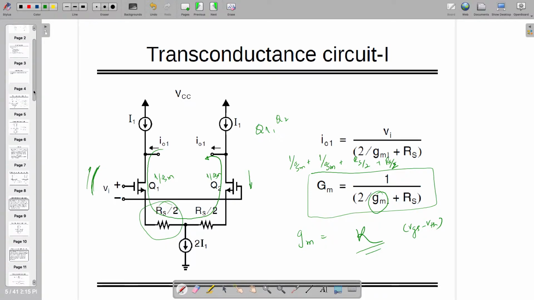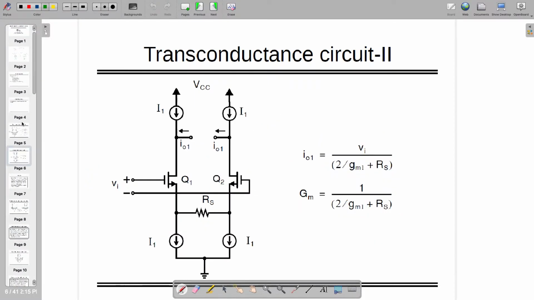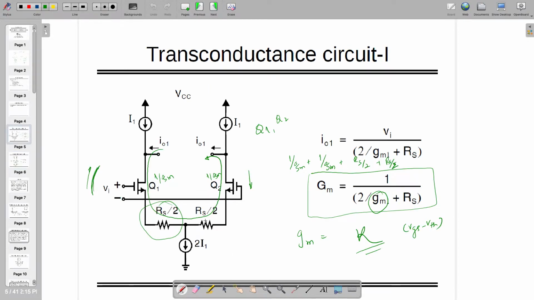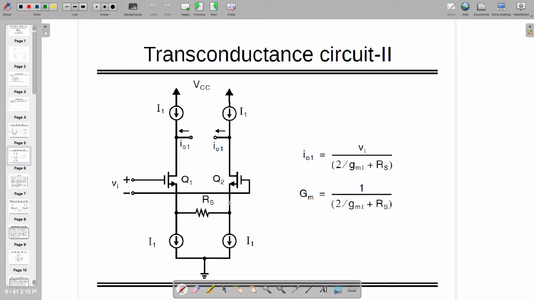So as I told you, if there are RS by 2, RS by 2, you can replace that with one RS, and on two sides there are two currents I1, I1, instead of having 2I1. In this case also you are going to have the same transconductance which is linear, right?